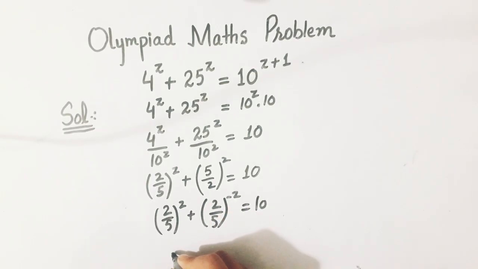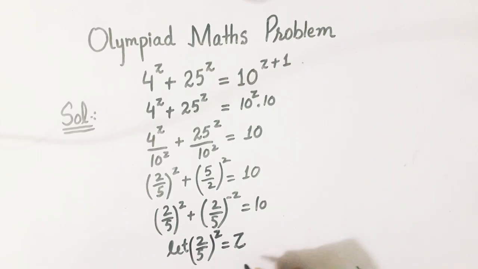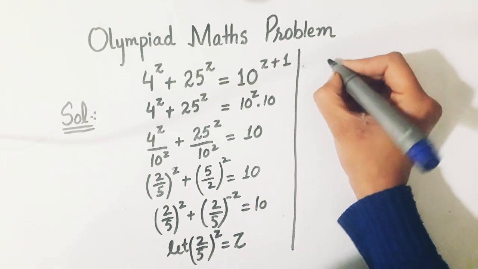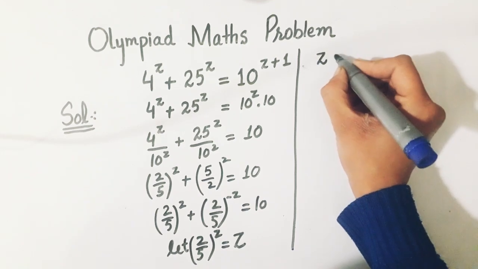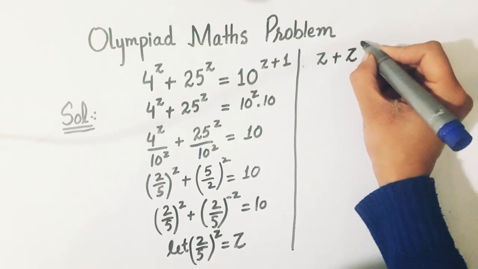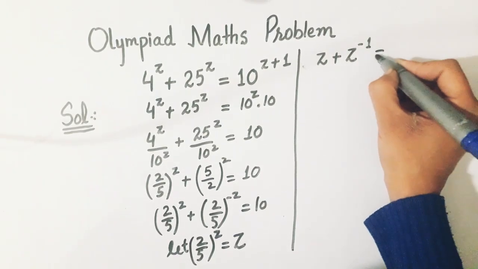Let's suppose 2 by 5 power z equals capital Z. So our problem will become Z plus Z power minus 1 equals 10.